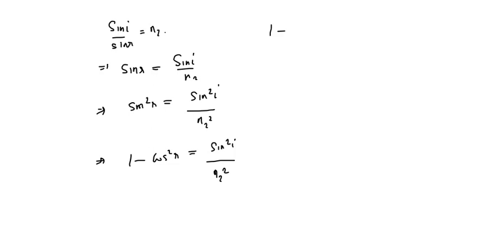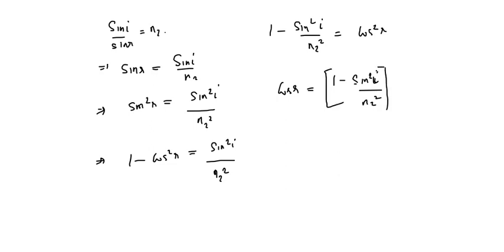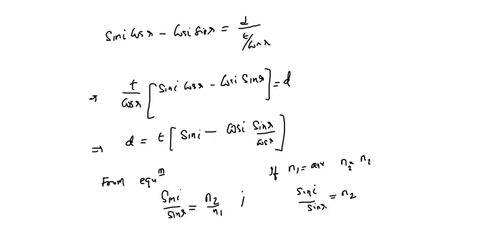So, 1 minus sin square I by n2 square is equal to cos square R. So cos of R is equal to 1 minus sin square I by n2 square, to the power 1 by 2. Let's say this is equation 3. We can substitute the value in here now.